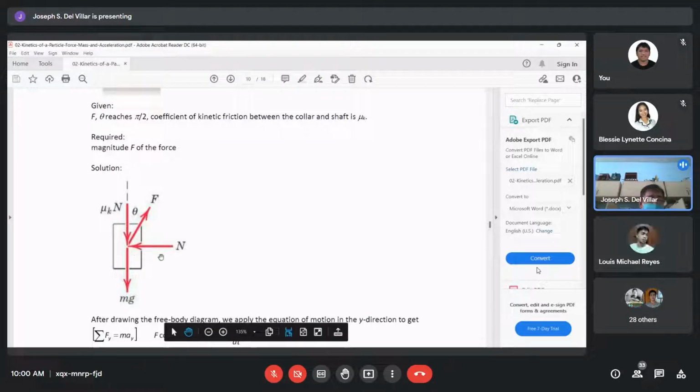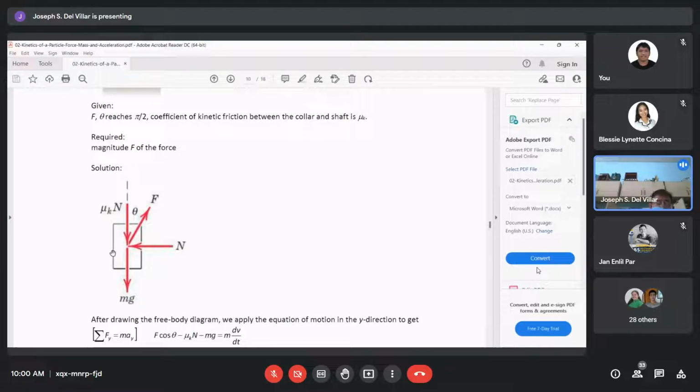Of course, what are the other forces acting on the collar? Its own weight. So the weight acting on the collar is its own weight, and that is m times g, the mass m of the collar times the gravitational acceleration. So we have the force F upward to the right, acting at an angle theta with respect to the vertical.